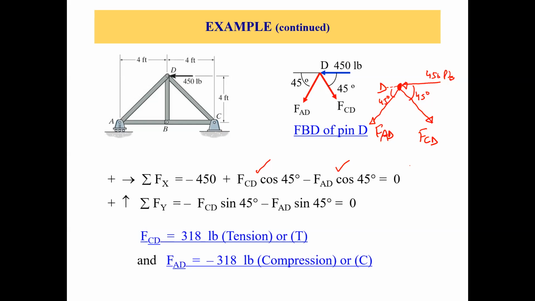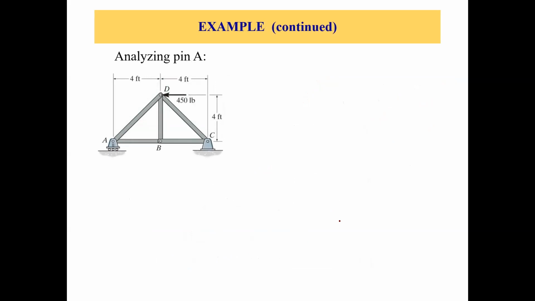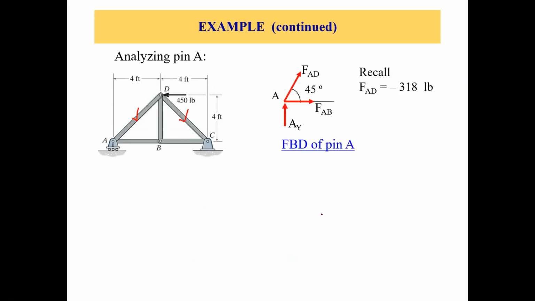Okay, so now after doing this, what do we know? Now we know this one and this one. So now we can analyze joint A, because we have fewer unknowns since we already know FAD. We only need FAB and AY.